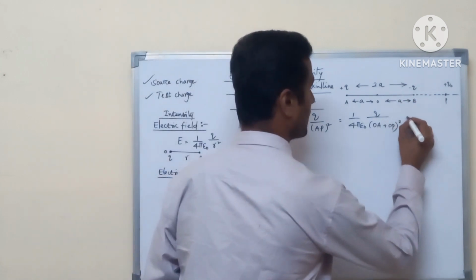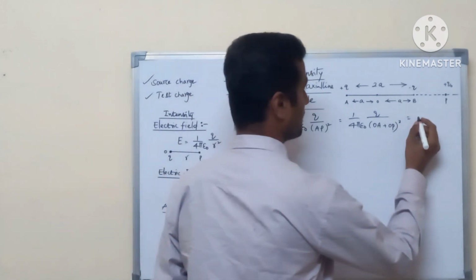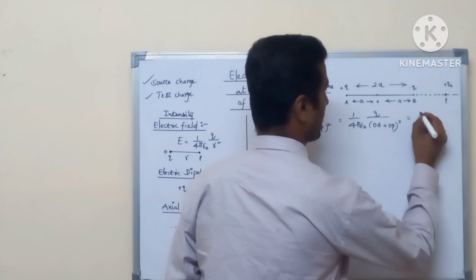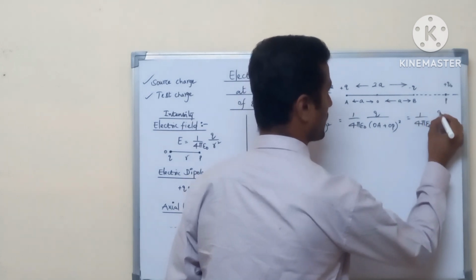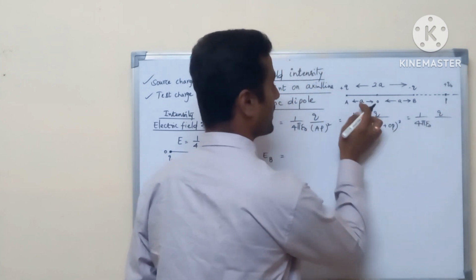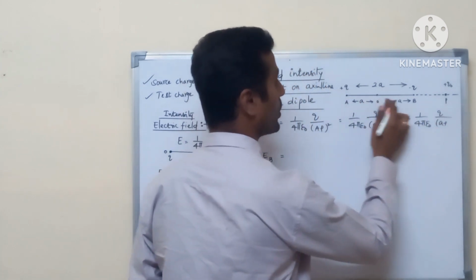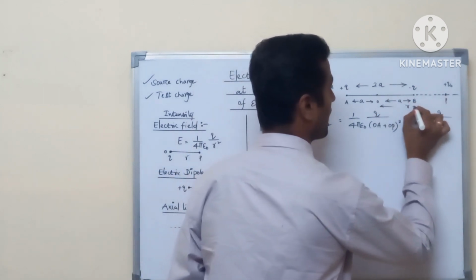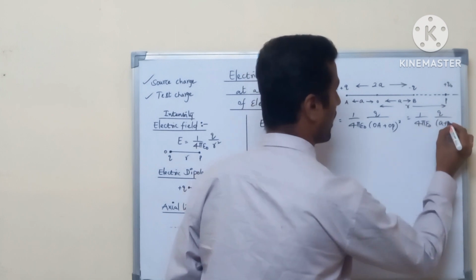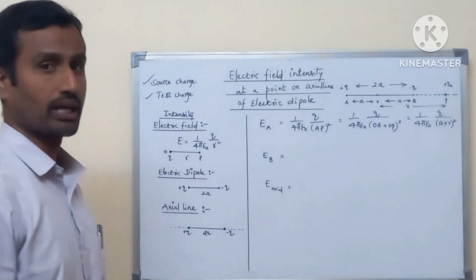Then the equation EA, intensity of electric field, can be written as 1 by 4 pi epsilon naught Q by OA, that is a, plus, here O to P is the distance r, so a plus r whole square.